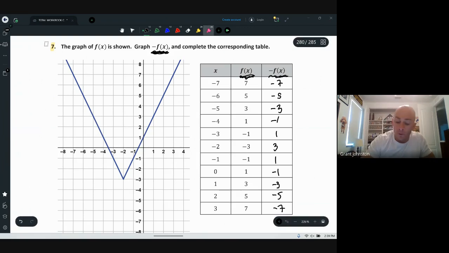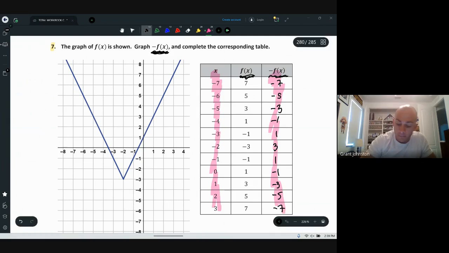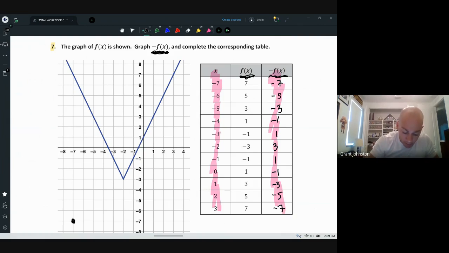So now I'm going to graph this and let's see how this looks. So negative 7 would be down here. Negative 6, negative 5 there. Negative 5, negative 3 here. Negative 4, negative 1 here.